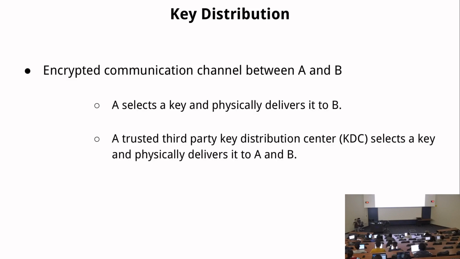How do you make sure your message is not eavesdropped by everyone else in this room? So that is done by encryption. The browser encrypts the message between your browser and the remote server. But how do the browser and the server share the key?